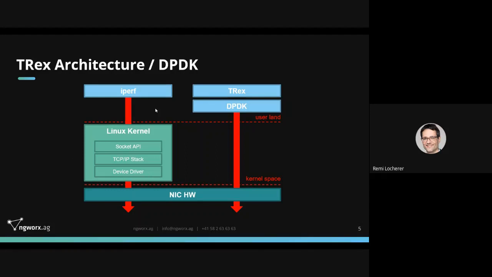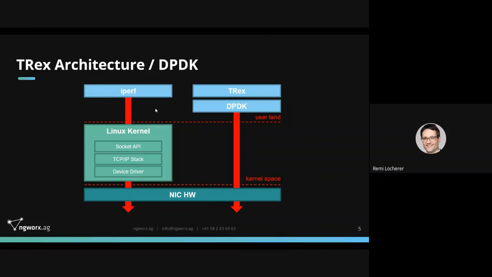So there is a socket API where it needs to bind. There is the full TCP/IP stack. Then there are device drivers, and then we are accessing the hardware, the actual network interface card. Well, this is not bad, but with a setup like this, we cannot generate like 20 million packets per second. Or at least not with all the packet manipulations we need for such a traffic generator.